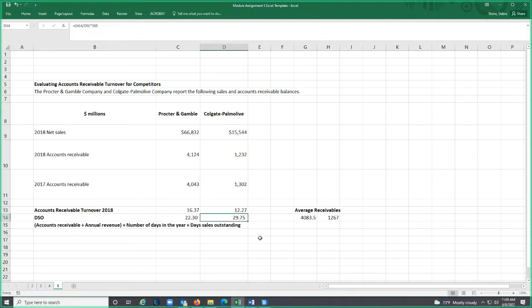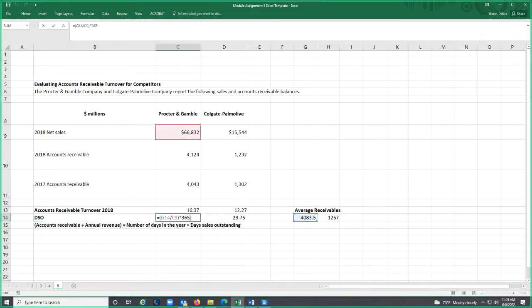Now for the days sales outstanding calculation, it says accounts receivable, but I'm using average accounts receivable divided by annual revenue times the number of days that I'm working with, and that's a year, so that's 365.